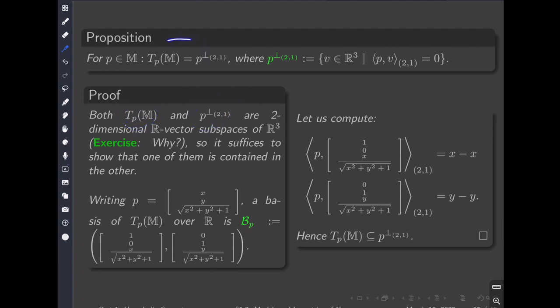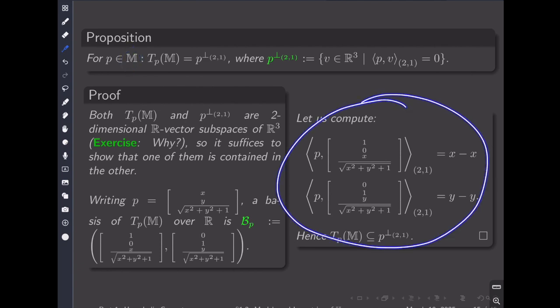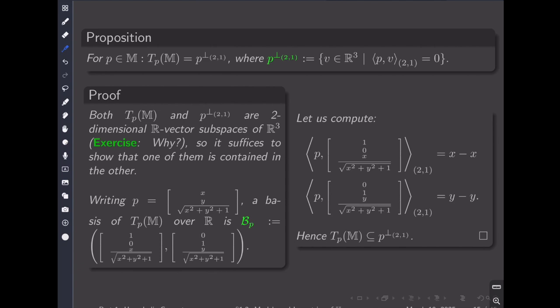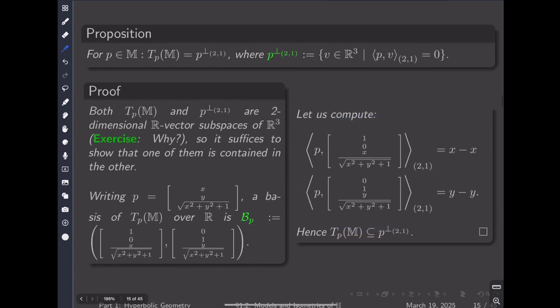So to show that they are equal, one only needs to show that one is contained in the other, and one does that using precisely the fact that we have a parametric description of M. One shows it directly, using the fact that the form is super explicit and very easy to manipulate algebraically.